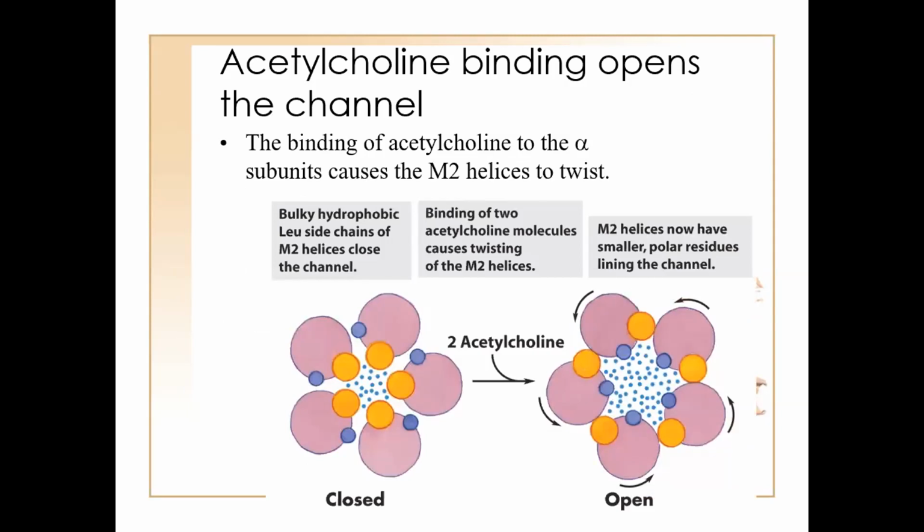You bind the ligand, these subunits do the twist. And they're going to twist this way. Now, the bulky leucine residues go this way, and you now have a portion of the helix that is hydrophilic facing the channel. Now you've opened the channel. And as long as acetylcholine stays bound to this channel, it will remain open. When acetylcholine dissociates, it'll snap back.